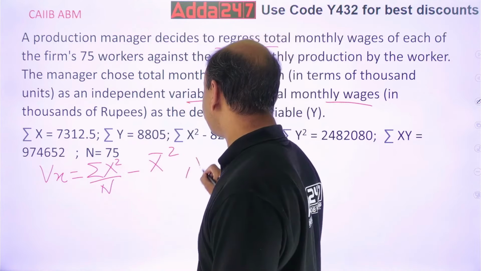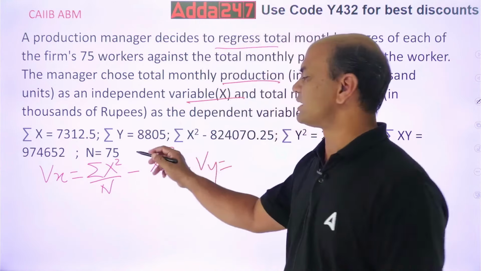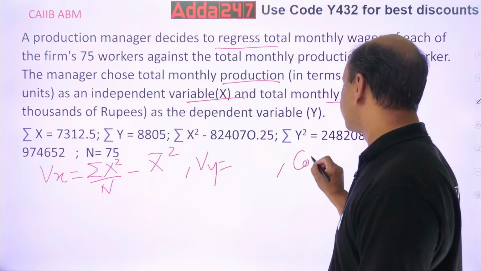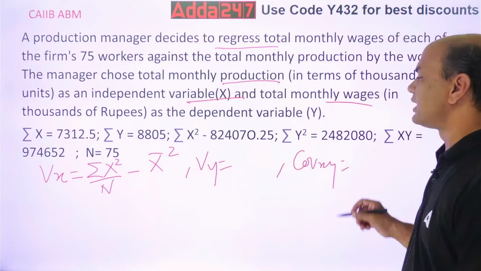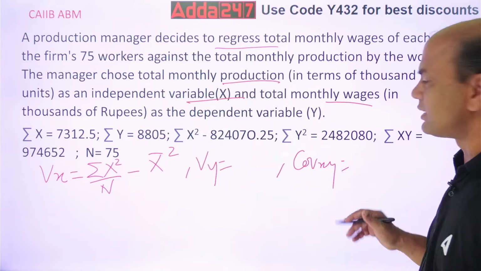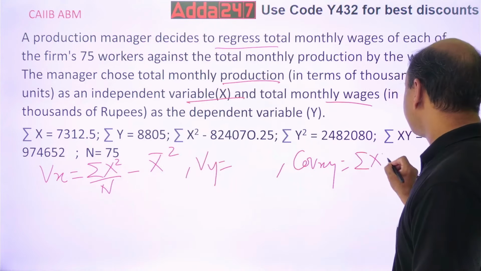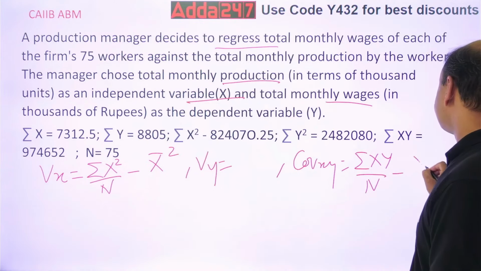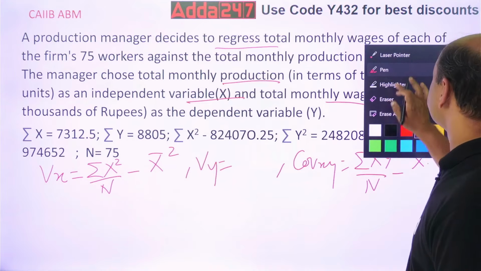Similarly, variance of y is the same thing: summation of y square upon n minus y bar square. Similarly, covariance of xy. This I'll write because it is a bit different in writing. It is summation of xy upon n minus x bar dot y bar, where y bar means multiplication.